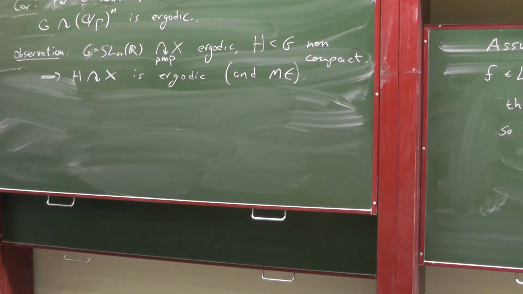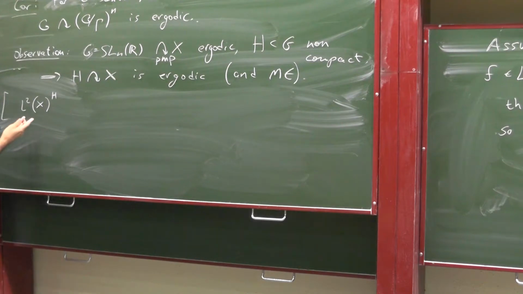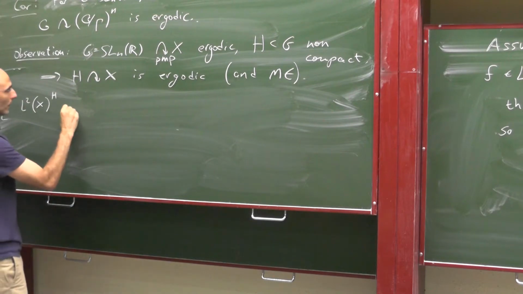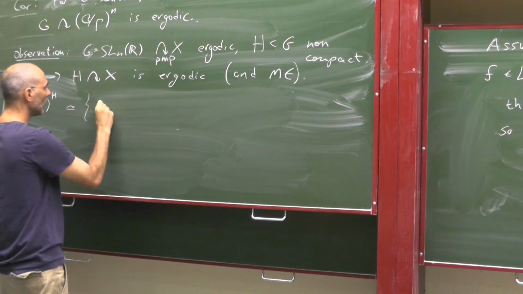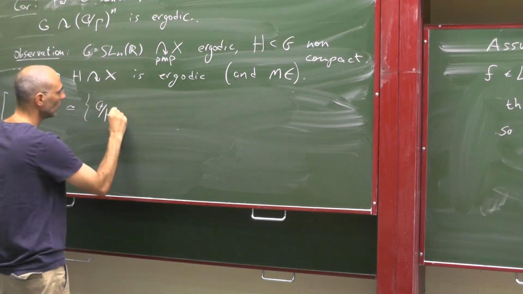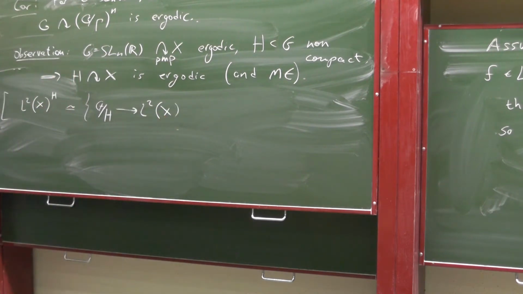So why is that? Consider L2(X) to the H. Can we have a fixed point here? An H fixed point. This is a trick that I made before. If you have an H fixed point, this is the same as a map from G mod H to L2(X). Right?